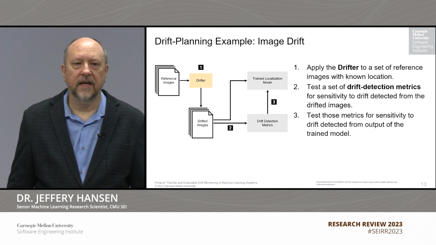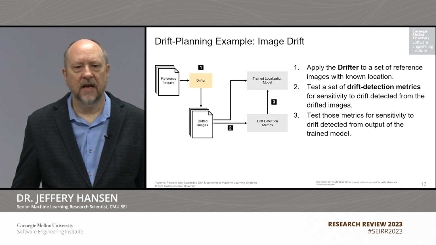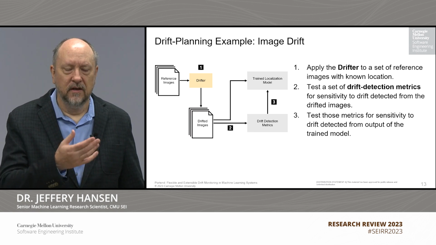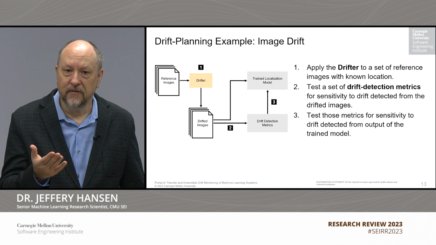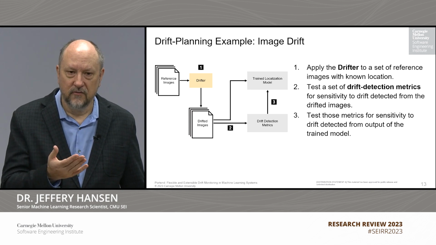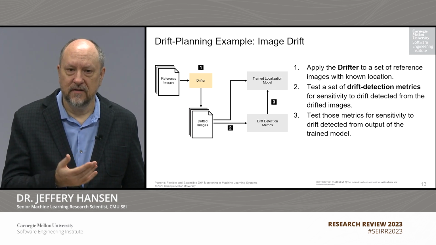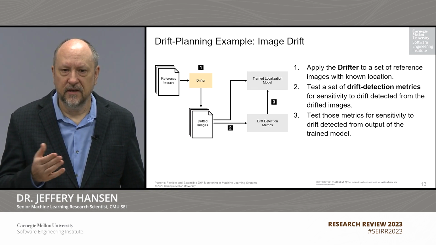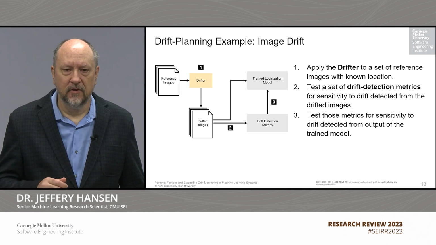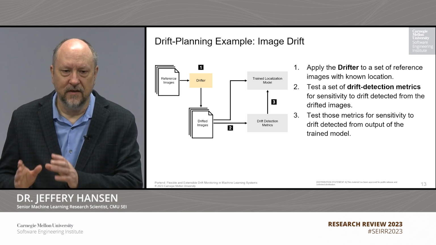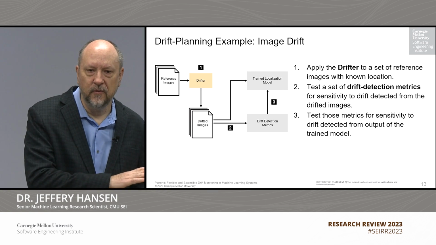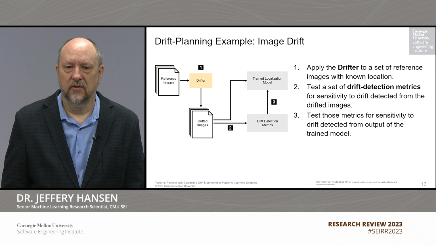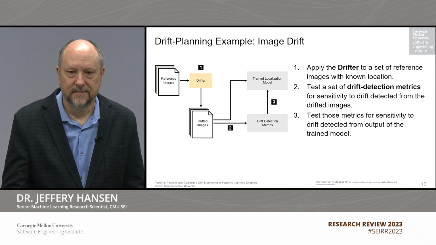All right, so looking at a more detailed example for image drift. We take our reference images and apply the drifter to them. We get these drifted images. We test the set of drift detection metrics for sensitivity with the drifted images, looking for changes in the metrics versus how much drift we've induced, and test those metrics for sensitivity to generate the output of the trained model.